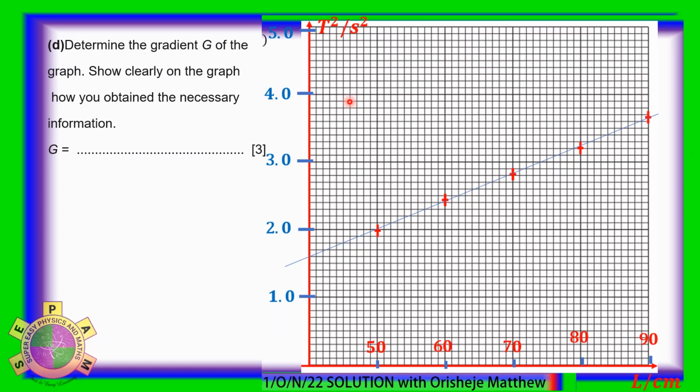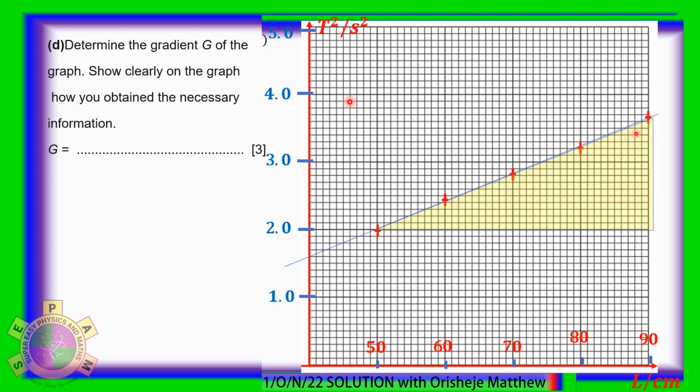Alright, you are expected to determine the gradient of the graph that you've just plotted. For us to do that, we're going to find the rise in T squared divided by the increase in length. We'll pick a point, and you must indicate the triangle.